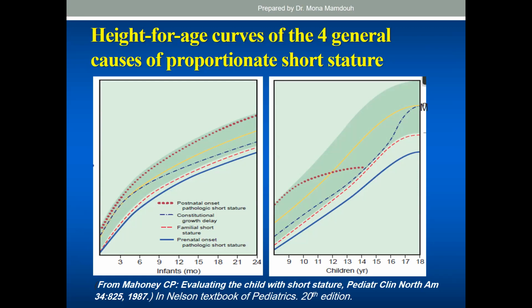As for the dotted red line, this is the postnatal onset pathologic short stature. And as you can see, the deceleration in this type is very evident more than the other types. The child is growing normally during infancy and childhood within the normal ranges of the centiles, but then has a marked and evident deceleration of growth with crossing of the centiles.